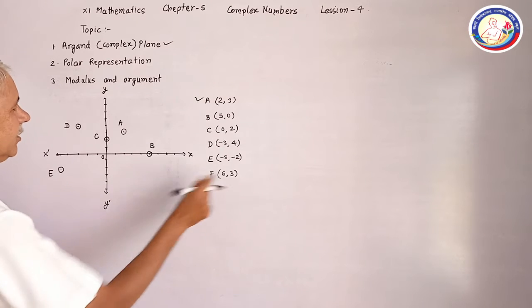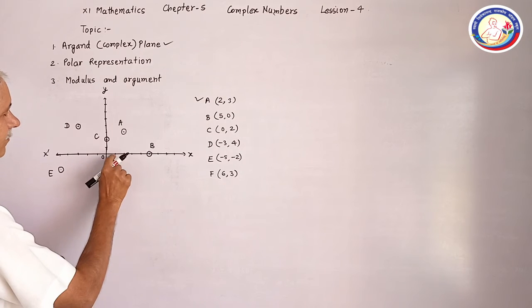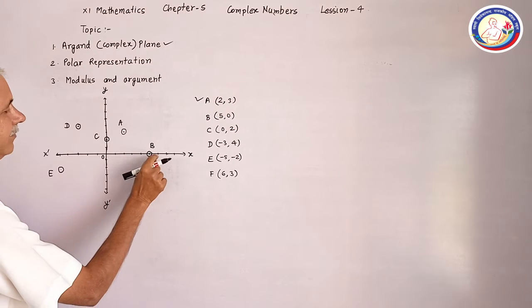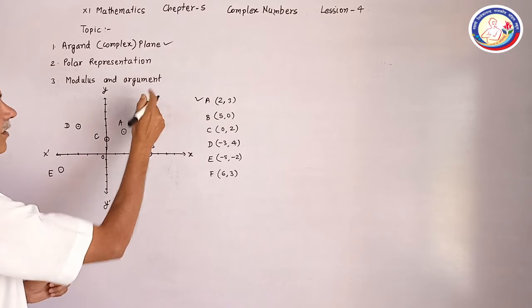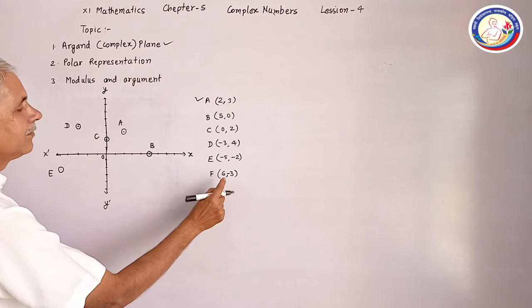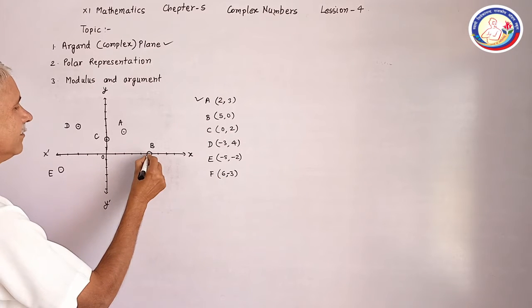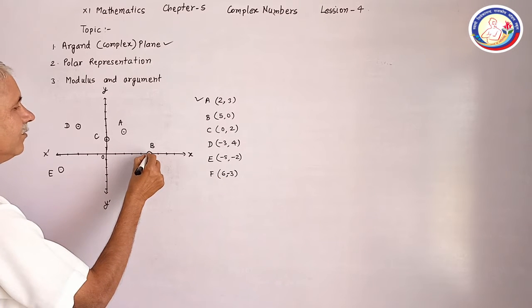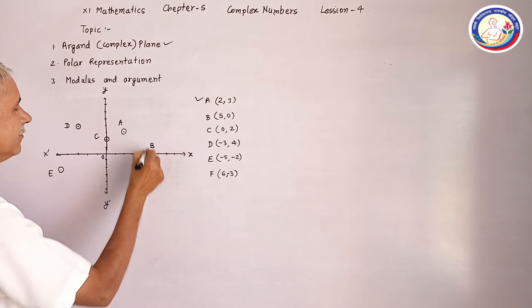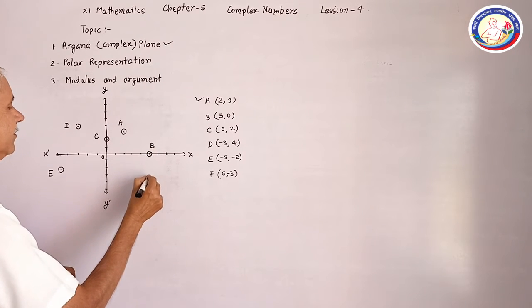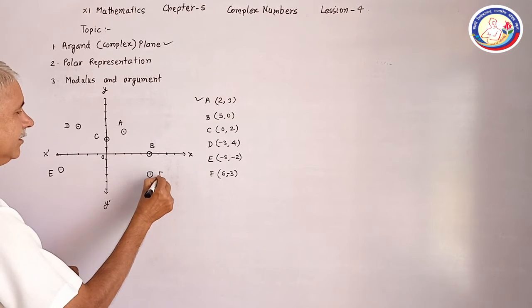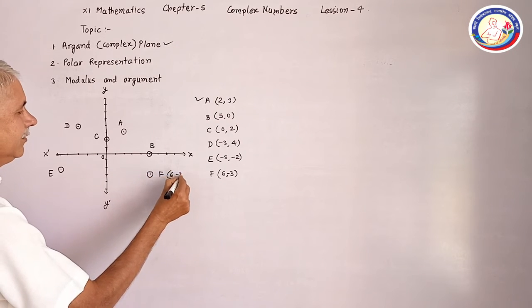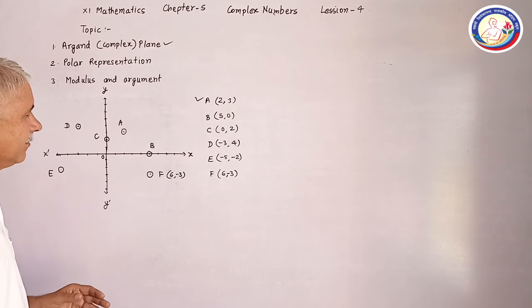And F, 6, 3. Now 1, 2, 3, 4, 5, 6 and 3 positive. So it will be upward. If it is 6 minus 3, then go down by 3 units here on this line. 1, 2 and 3. This is F, 6 minus 3.